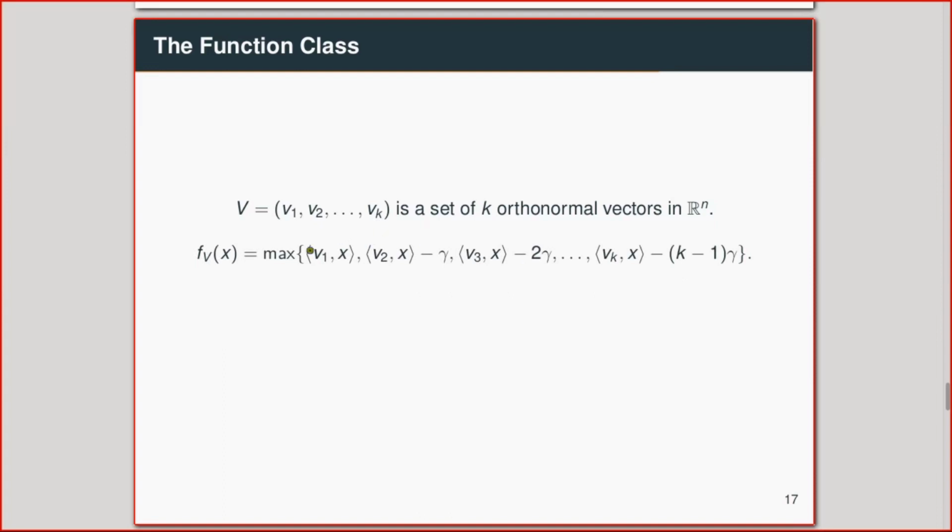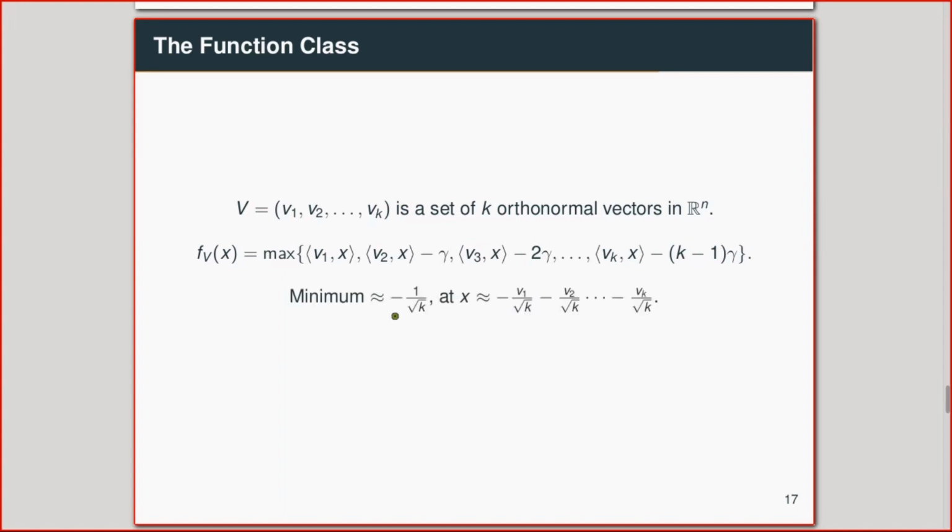Given k orthonormal vectors, we're not taking the maximum of x1. Rather, we're taking the maximum of v1 inner product x, and v2 inner product x minus gamma, v3 inner product x minus 2 gamma, and so on. So if you think about this, this is like you're viewing x from the basis defined by these k orthonormal vectors. So the function's properties shouldn't change that much. It's just a change of basis.